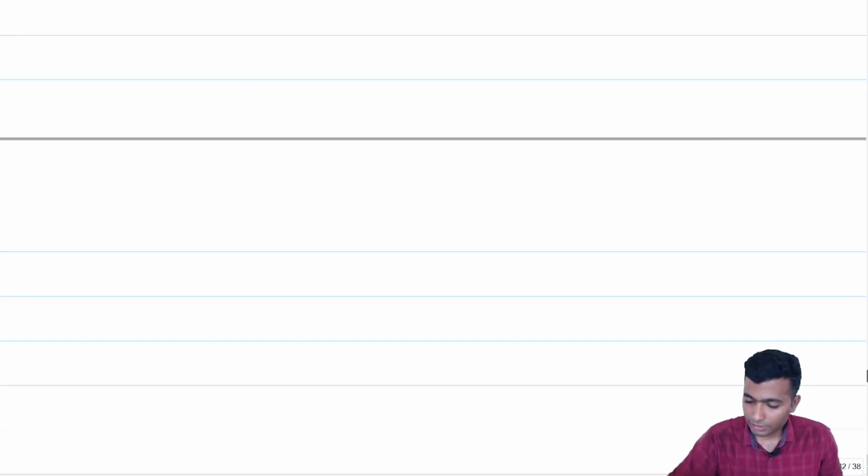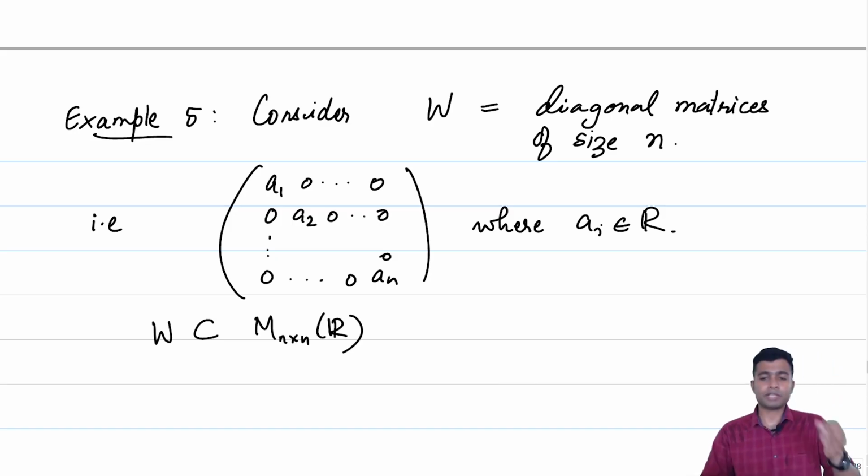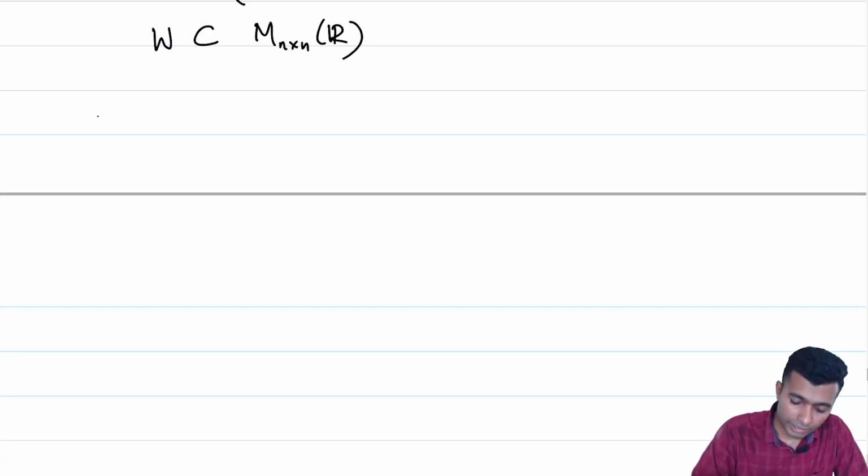Notice that W is sitting inside M n cross n of R. Sometimes M n cross n of R is written as M n of R. The n cross n is just abbreviated to n if m is equal to n. I will leave it as an exercise for you to check that W is a subspace.